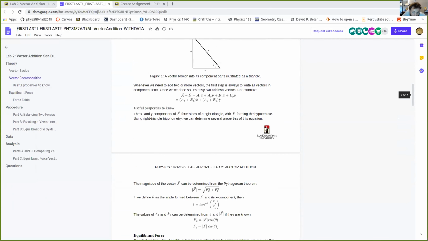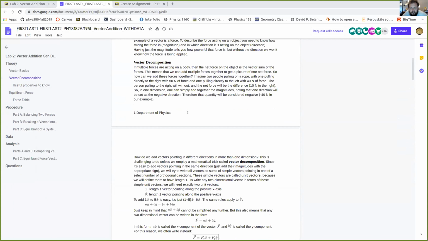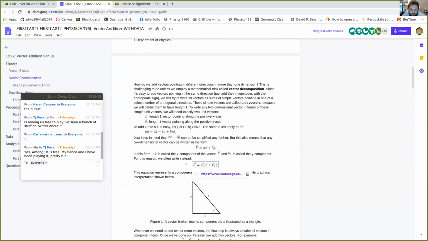This whole intro is them giving you a walkthrough of what I just did. This F equals Fx x-hat plus Fy y-hat is just another way to represent a vector. It's saying my vector is this much in the x direction and this much in the y direction. Don't worry about that. That's not something you're going to have to mess with.